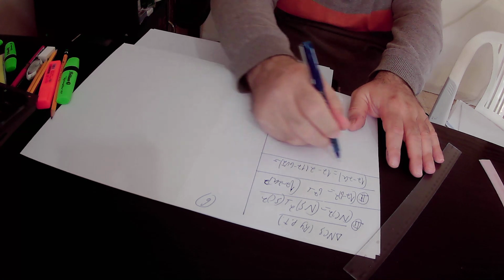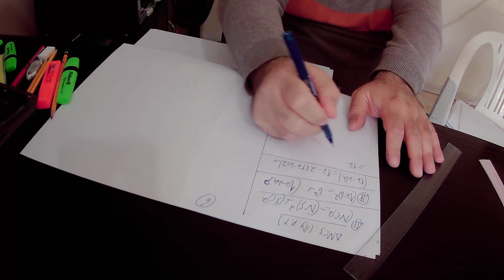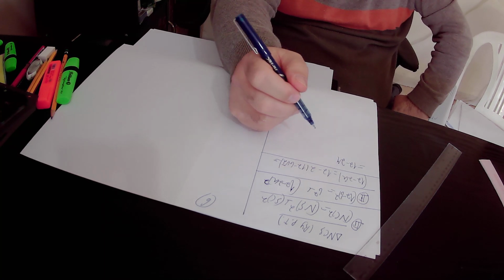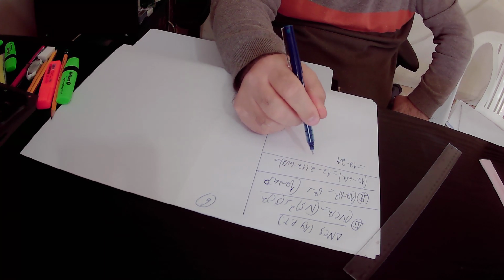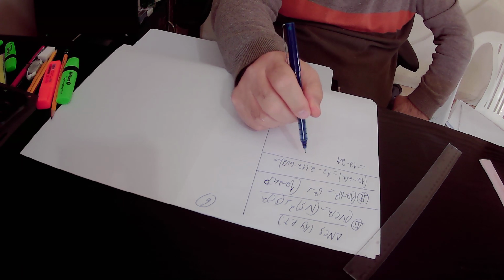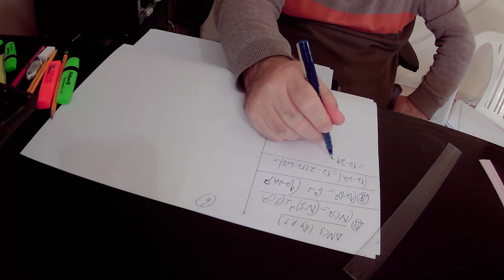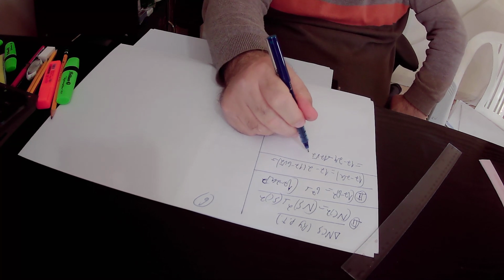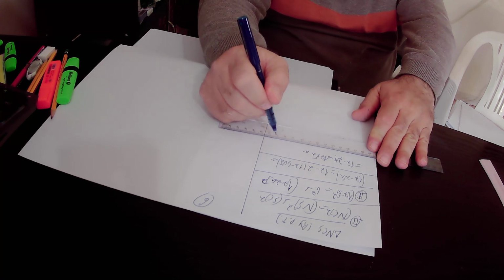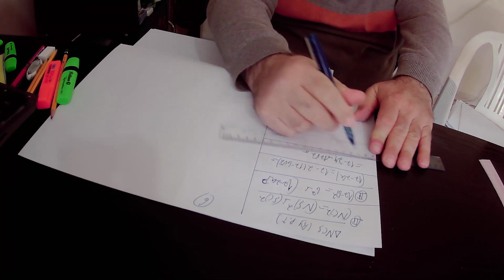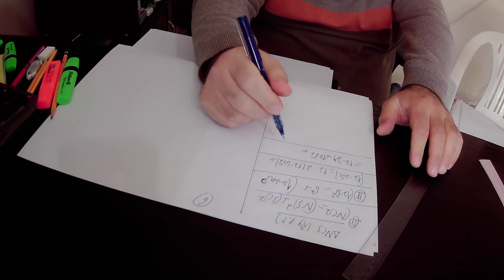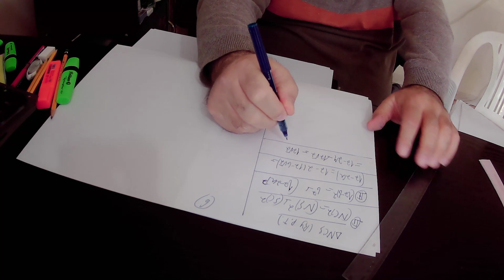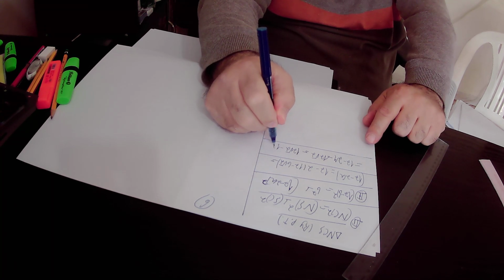So we get 12 minus 2 times 12, which is minus 24, minus 2 times minus 6, which is plus 12 times square root of 2. So we have 12 times square root of 2. 12 minus 24 is minus 12.